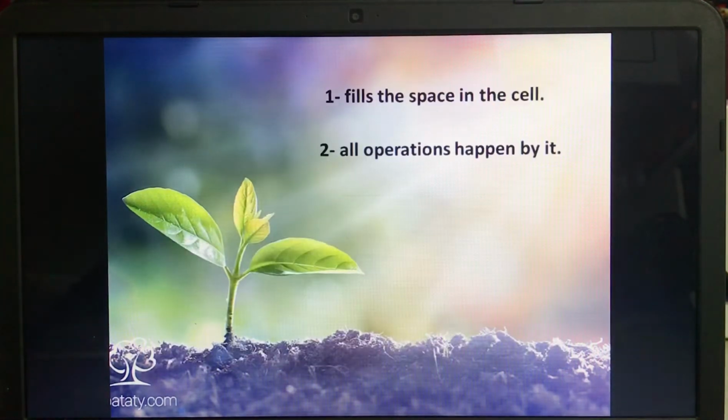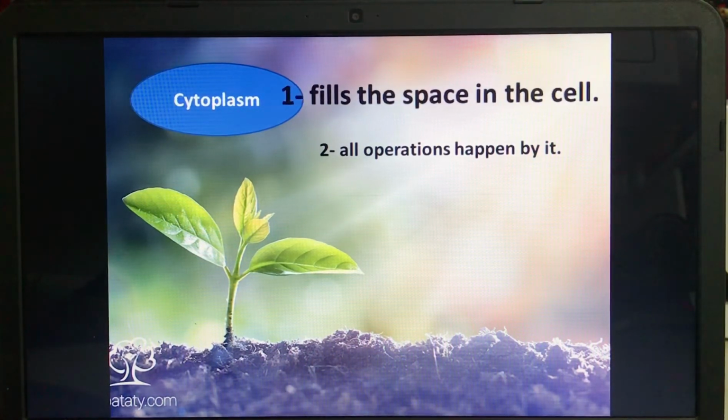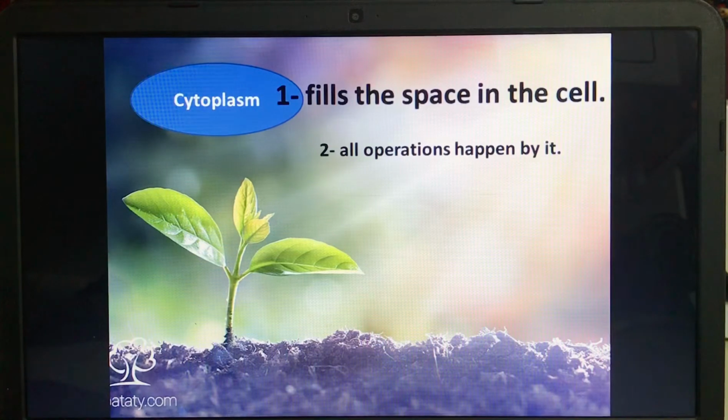After that we will talk about the cytoplasm. We said before that it has also two functions. The first one, the cytoplasm or the liquid inside the cell, it fills all the spaces in the cell because it's liquid, so it fills all the spaces in the cell.